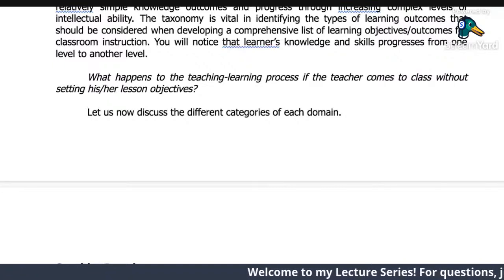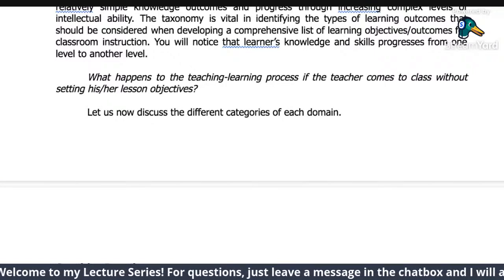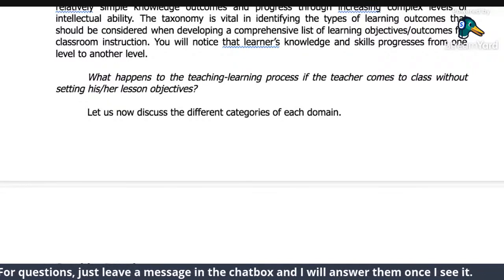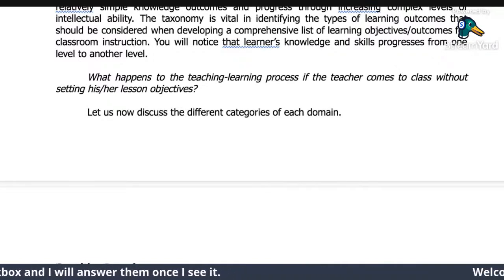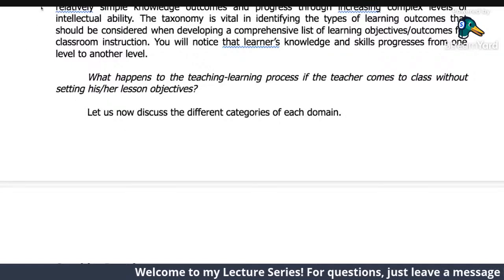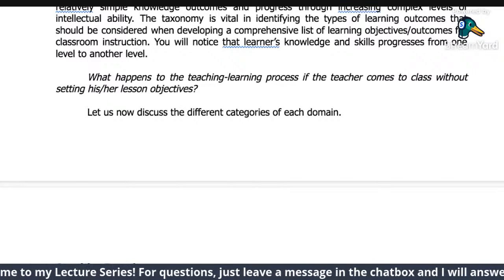But what I'm trying to tell you is that you will spend a lot of time figuring out where to go, what to do, and how much time you're going to spend in that area pag hindi mo siya plinano. Same is true with teaching. If you teach without a lesson objective, para kang pumupunta sa classroom na hindi mo alam kung ano ang gagawin mo.